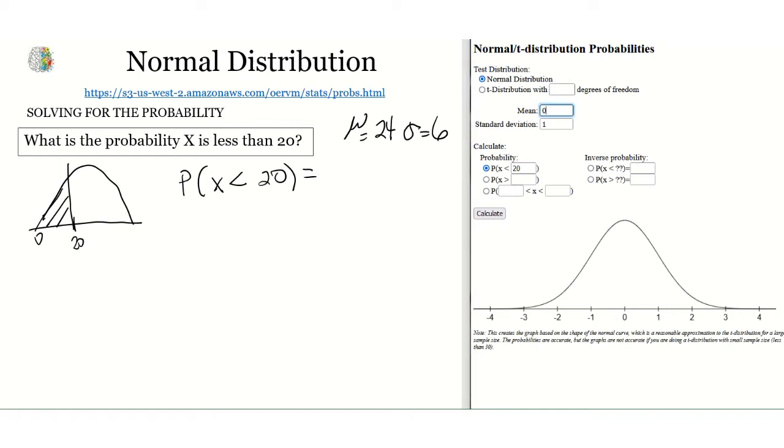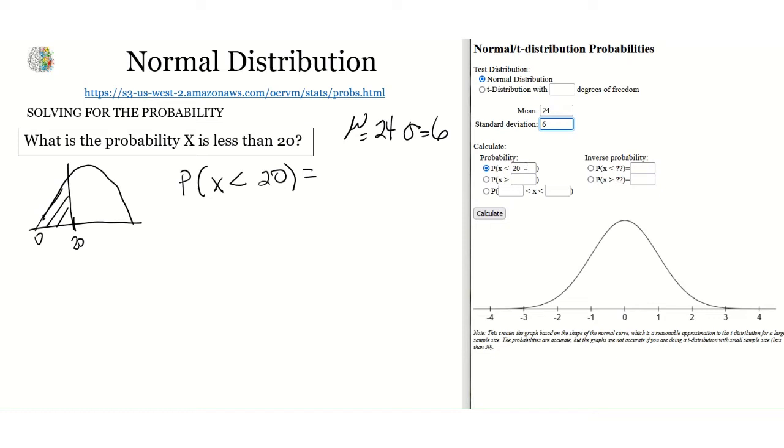So I need to go ahead and change those: 24 and 6. I've already got my calculator set to normally distributed. I've put in my mean. I've put in my standard deviation.